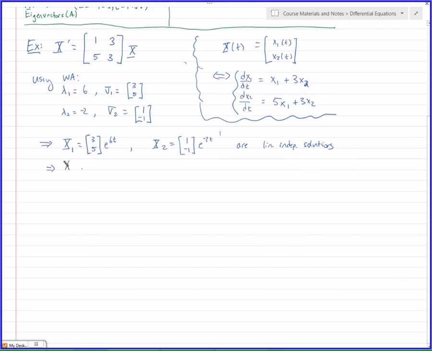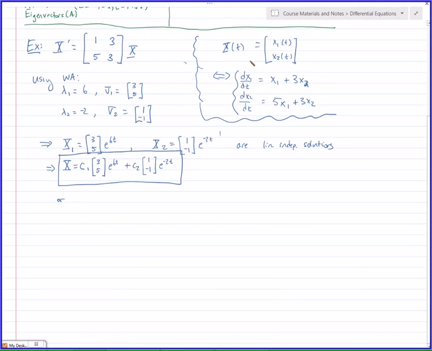Namely, x is c1 times (3, 5) e to the 6t plus c2 times (1, -1) e to the -2t. So this is one form of the solution.